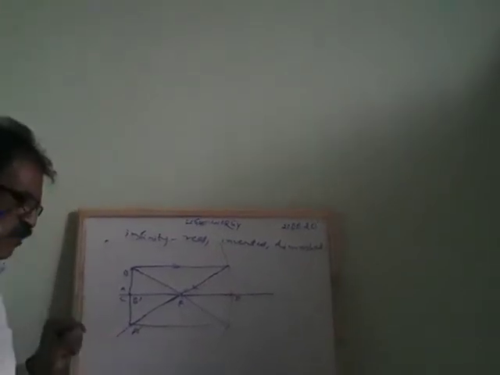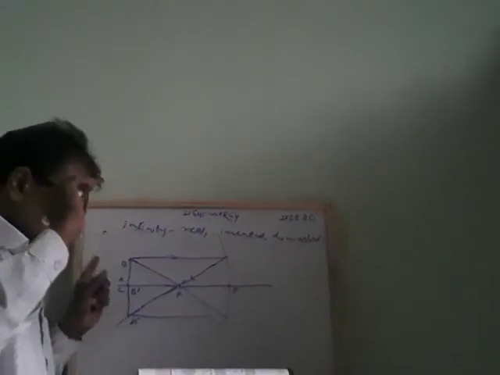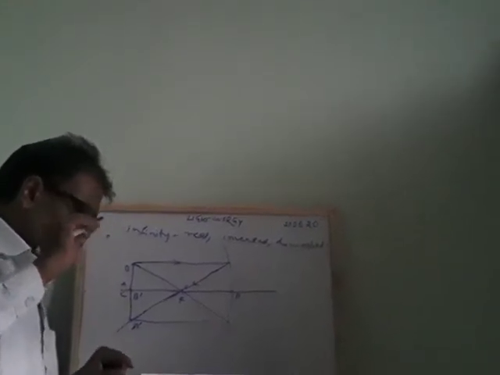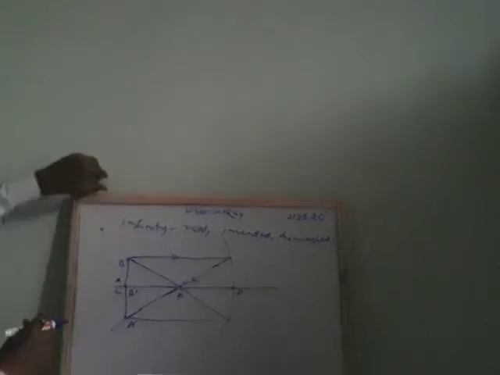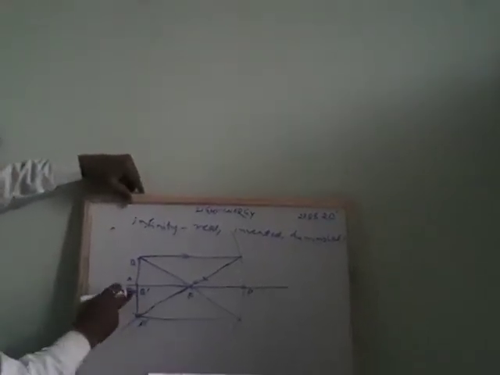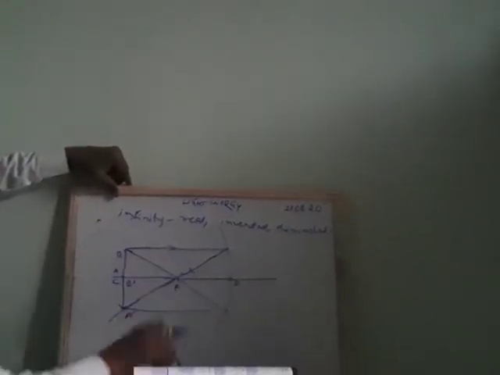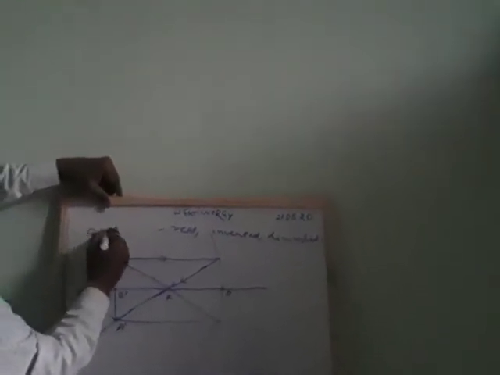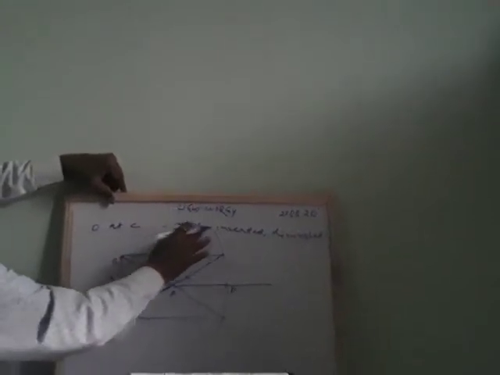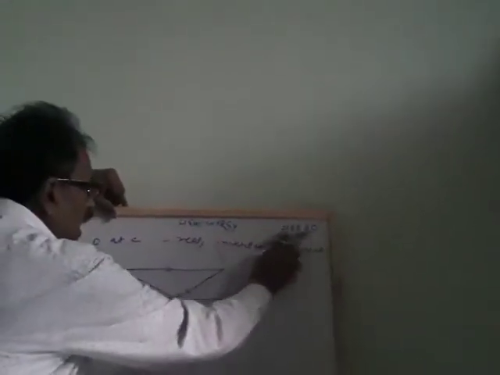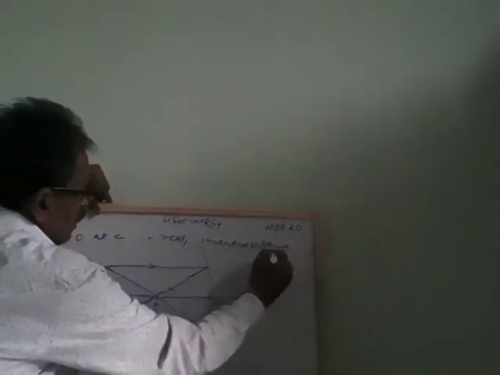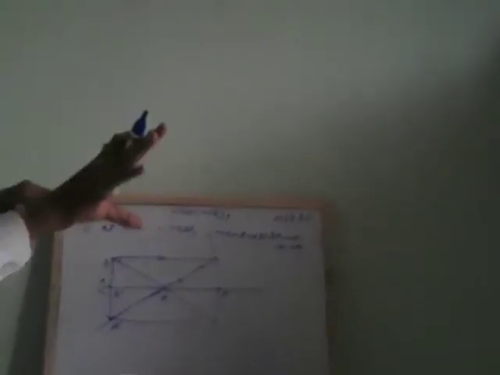So when the object is placed at C, the image is real, inverted, and on the same side. This is the case when an object is kept at the centre of curvature.